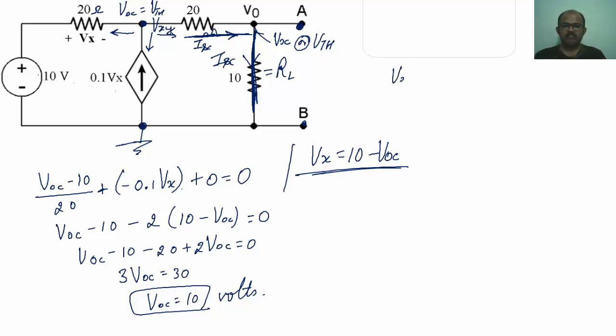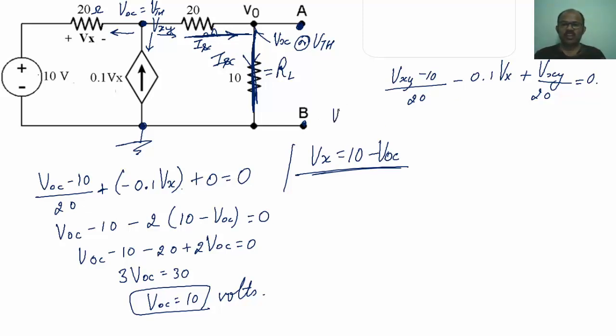So it is (Vxy minus 10) divided by 20 minus 0.1 times Vx, plus this current is (Vxy minus 0) divided by 20, which is equal to 0. But what is the value of Vx?